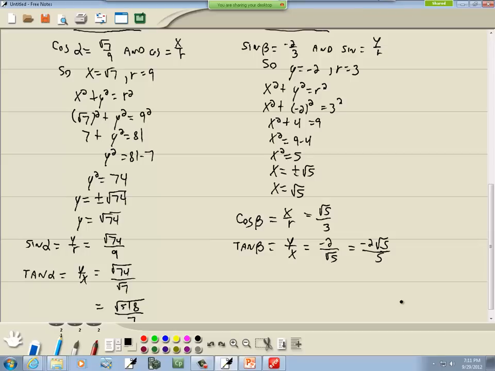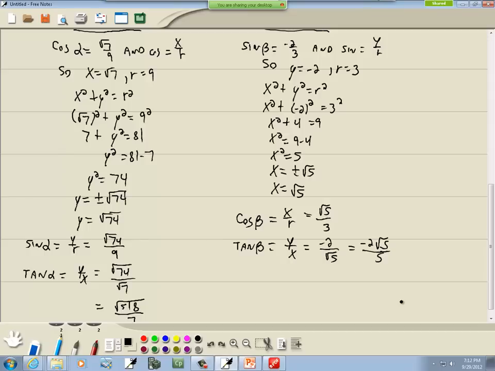There we go. Because we'll need them in the next part. So we got cosine alpha is square root of 7 over 9, sine alpha is square root of 74 over 9, tangent alpha is equal to square root of 518 over 7.